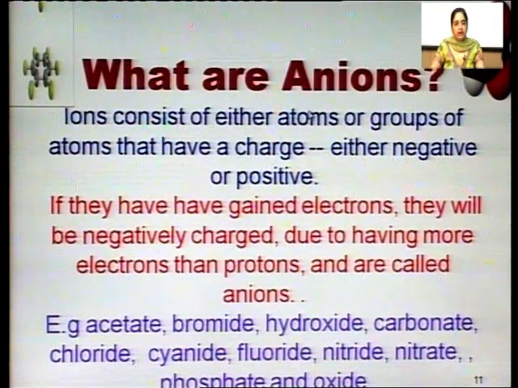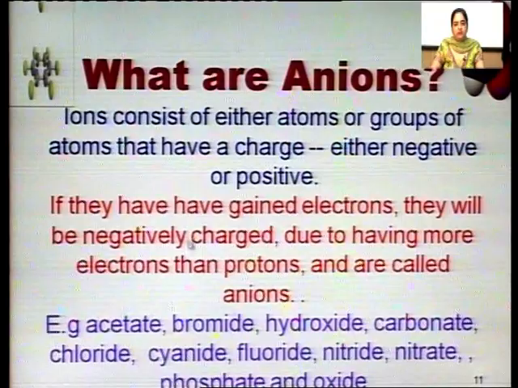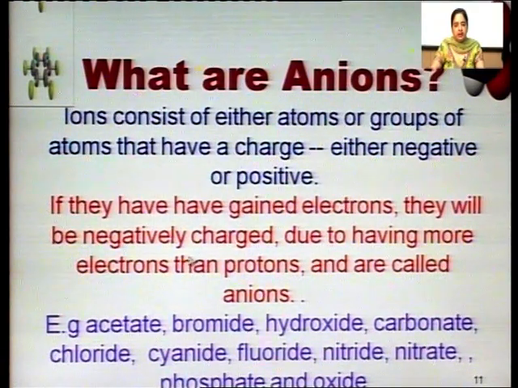What are anions? Ions consist of either atoms or group of atoms that have a charge, either negative or positive. If they have gained electrons, they will be negatively charged due to having more electrons than protons. They are called anions.